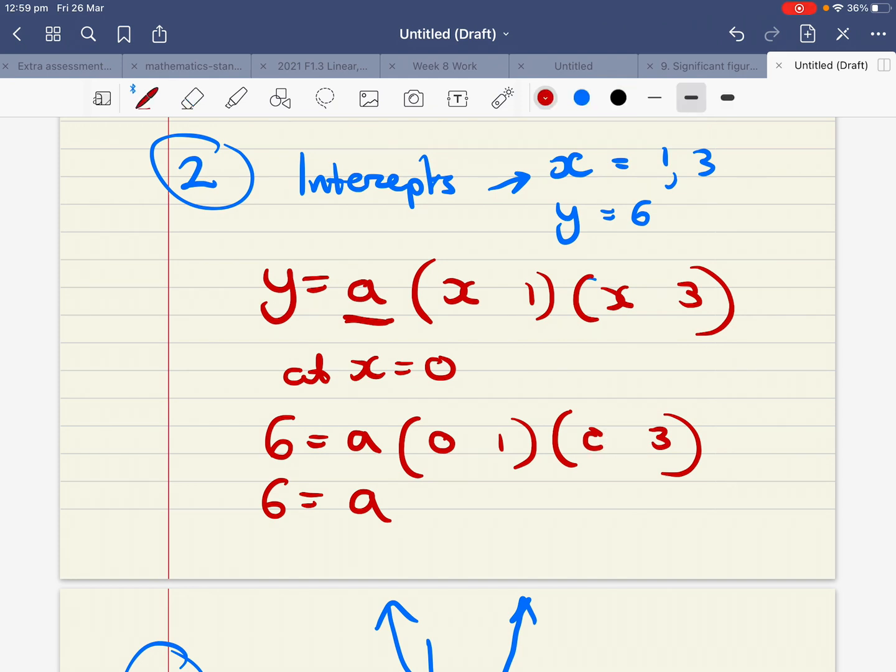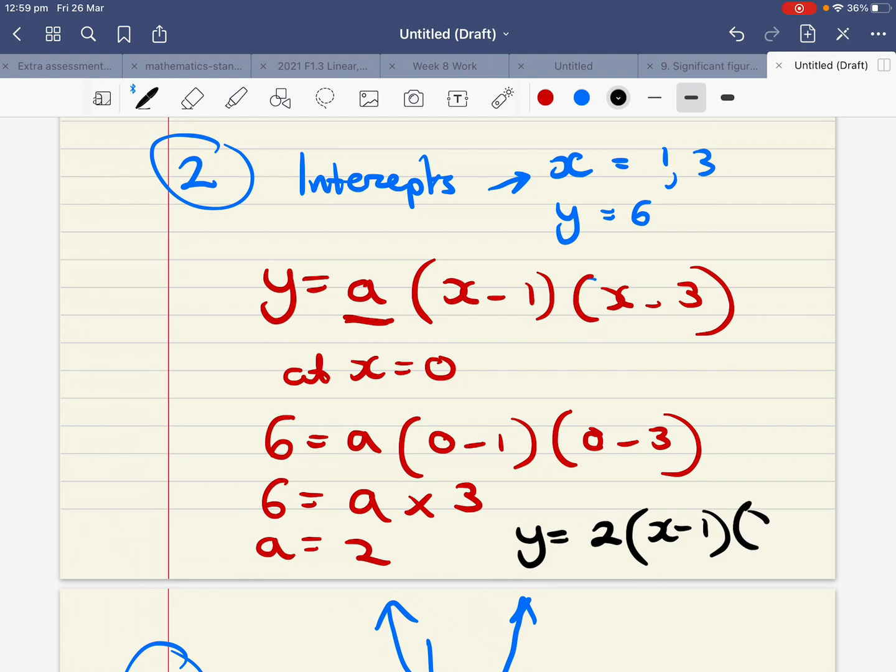They're not negative roots, they are both positive, so they should be like that. So our actual formula is going to be y equals 2(x minus 1)(x minus 3). And if you wanted to leave it in general form, you could expand that and you'd get a non-monic quadratic.